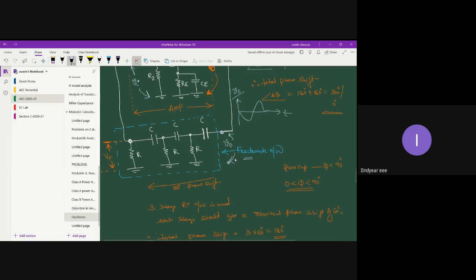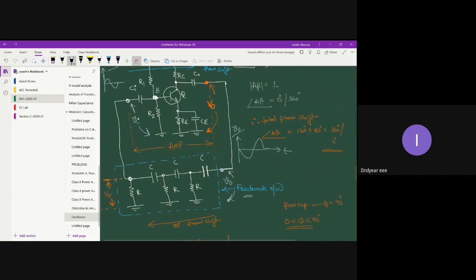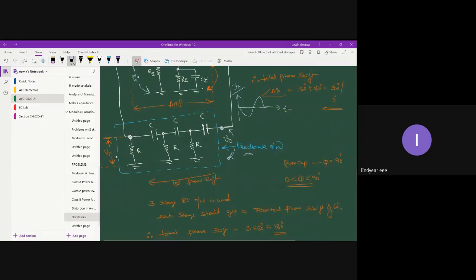Okay, you can see, right? The V0 signal is coupled back to the feedback network. So this V0 is getting applied across this network, and due to which what happens? Feedback signal VF is generated. And what is the phase shift between VF and V0?